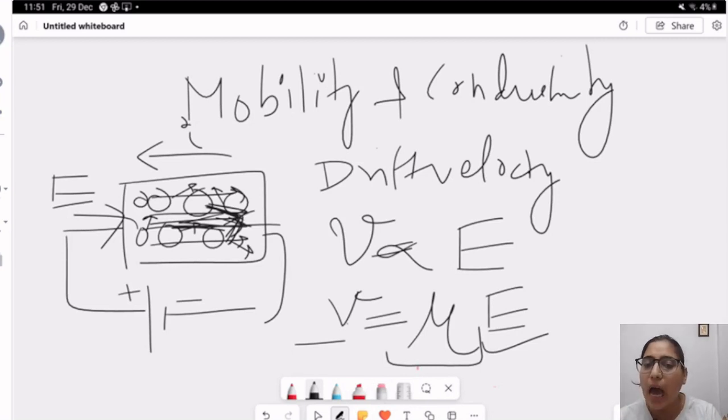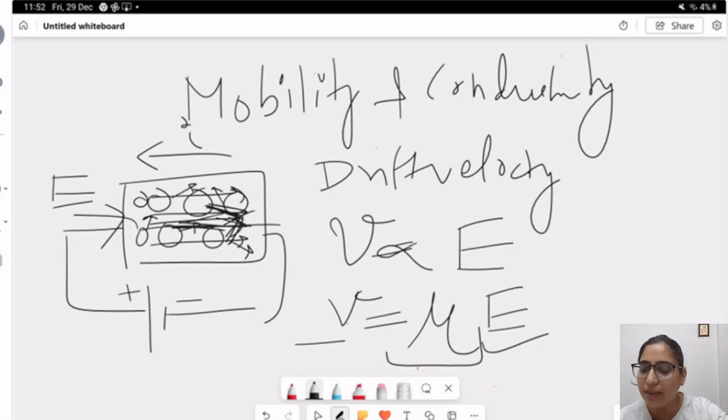Mobility means how this electron is moving, and from which magnitude the electron is moving. So there are few terms we have to understand. One is mu, which is mobility of electron, E is the applied electric field, and V is the drift velocity.